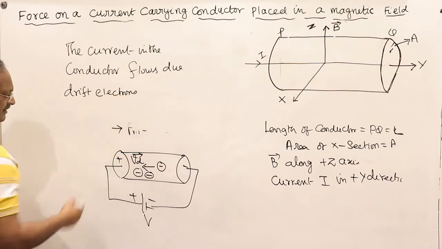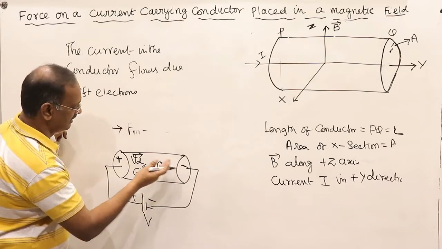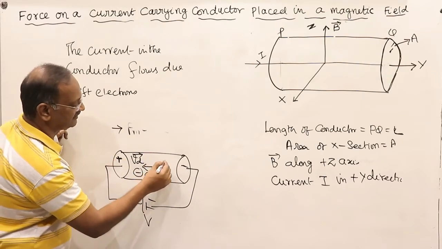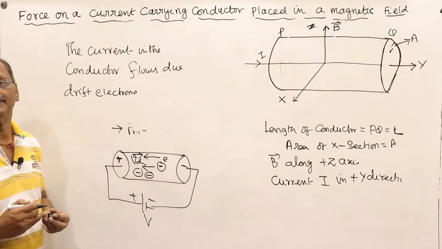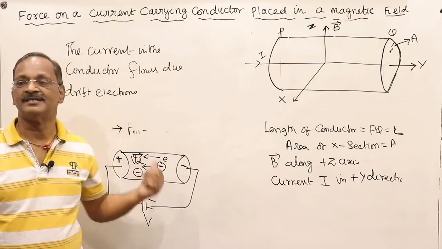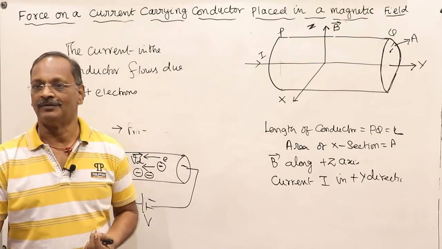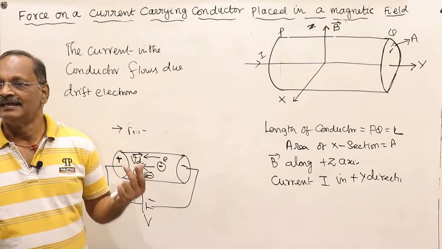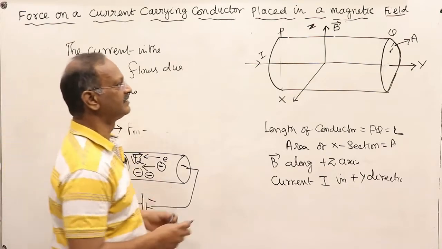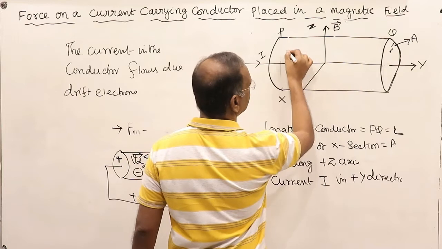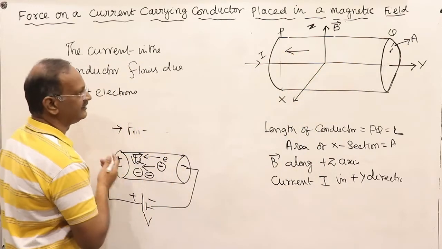What is drift of electrons? When we apply a potential difference here, this positive charge will attract the electron, and the electron will not flow, it will drift. This phenomenon is already explained in current electricity. So the current in the conductor flows due to drift of electrons in the opposite direction, because current is flowing in this direction, and electron, toward the positive side, will be drifting in this direction.